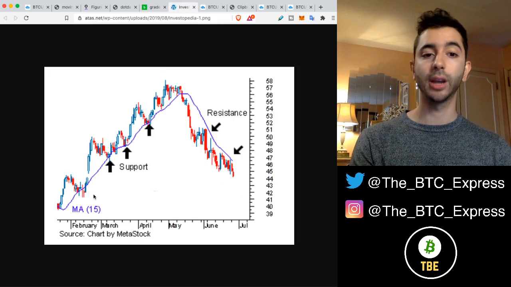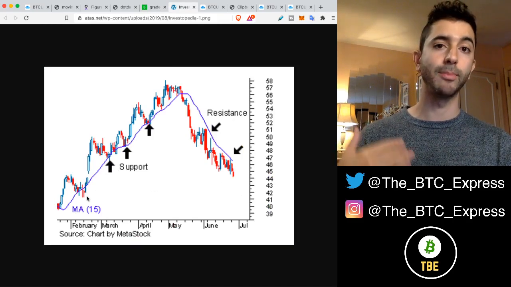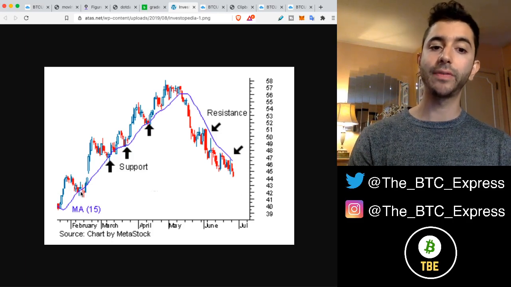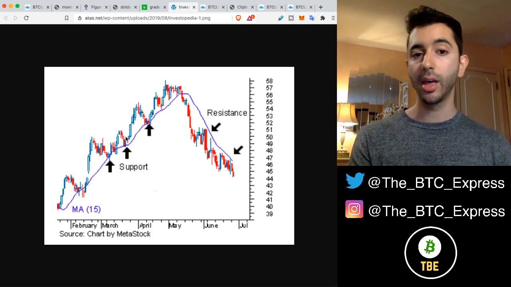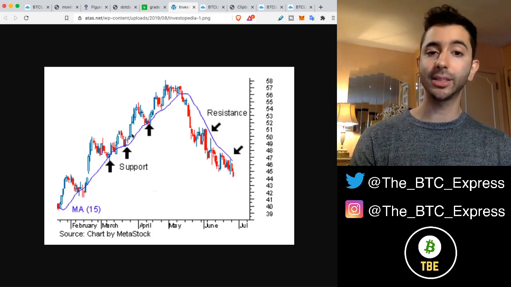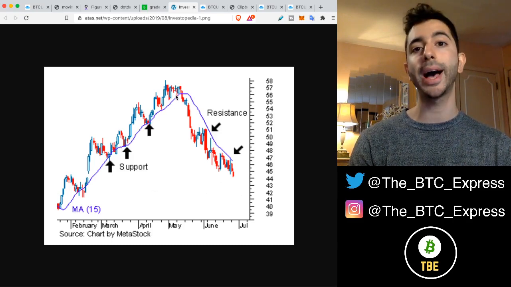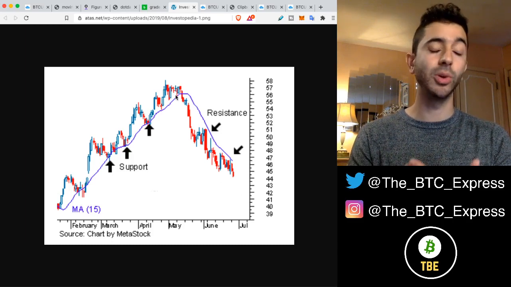In this chart over here, let's say someone was assuming, I'm going to base my trades off of support and resistance levels. If they're following this chart here, they see there's a lot of support for this asset. And as they're looking at the chart, they see right here at the top that there still is support. So in their mind, there is support, which means if I buy this asset, it will continue to go up.